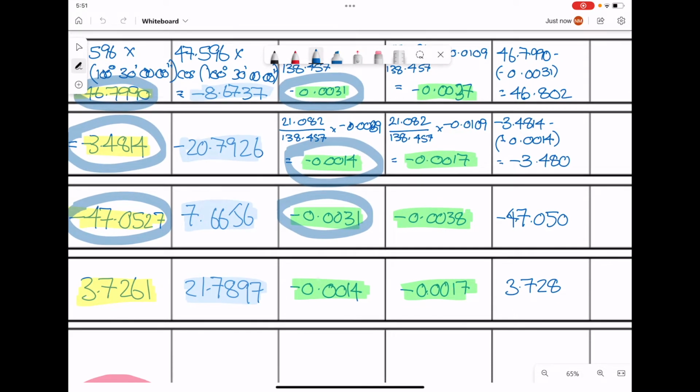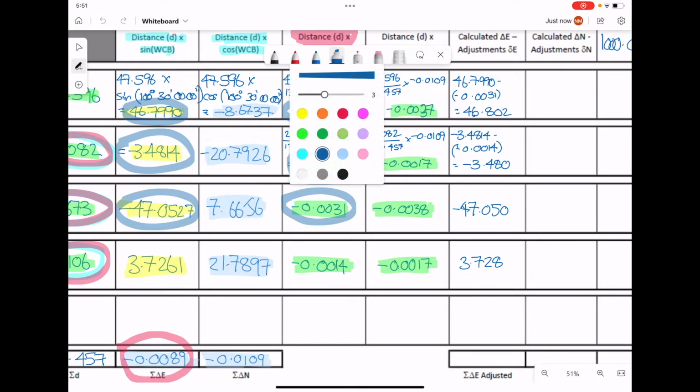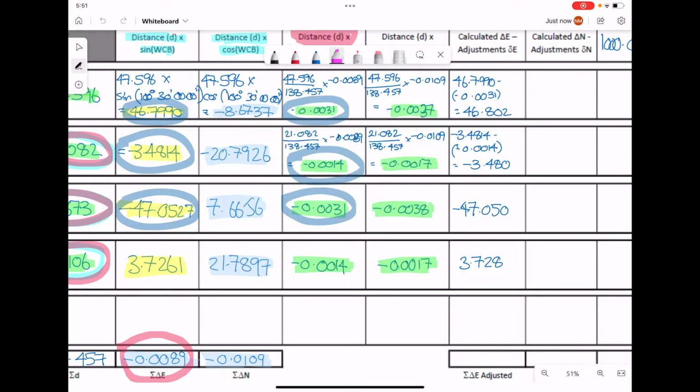Now, because these values have been adjusted such that whenever we add up our four adjusted eastings, it gives us a value of 0, these values are mathematically correct.